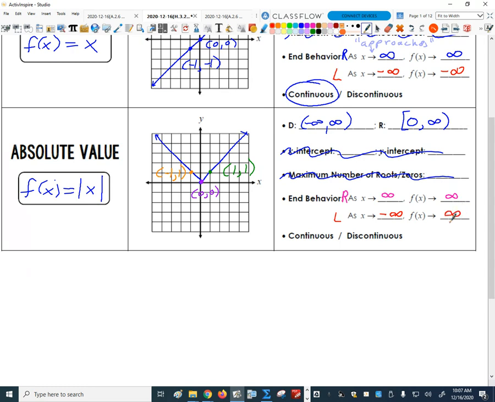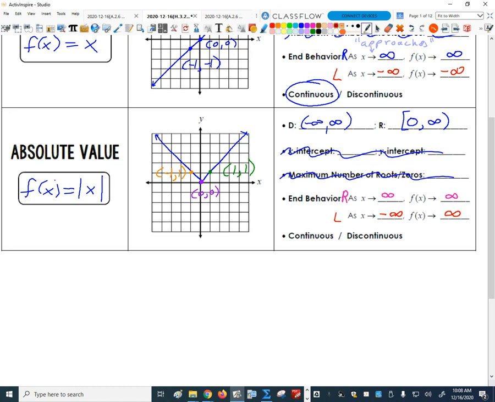Positive infinity. Good. Okay, is this function continuous or discontinuous, Natalie? How come?